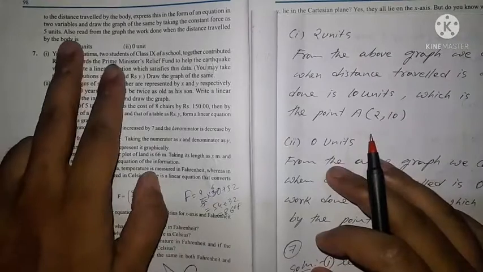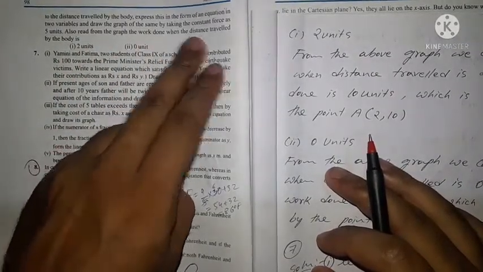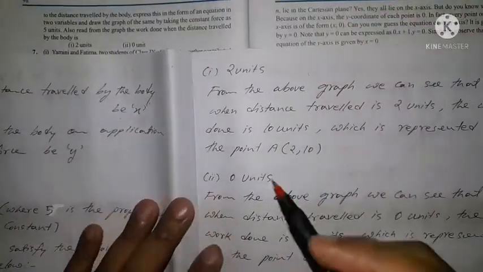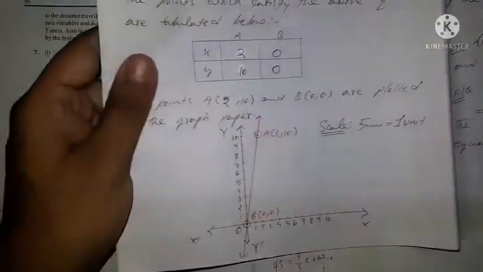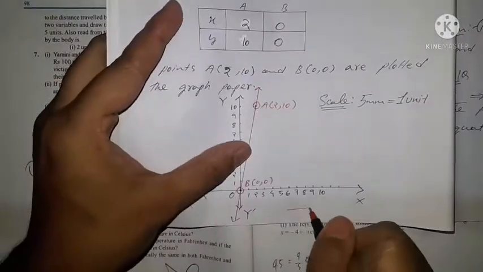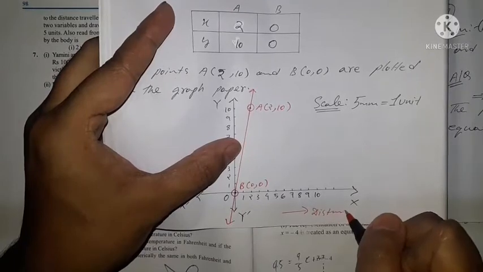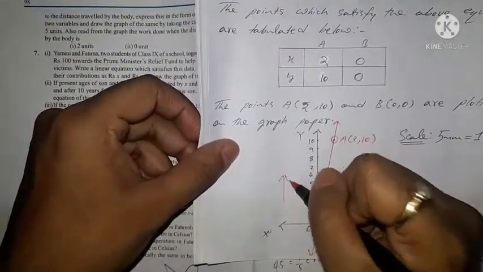Now according to the question, from the graph we need to read what the work done will be when the distance traveled by the body is 2 units. The x-axis is the distance traveled, and the y-axis is the work done.